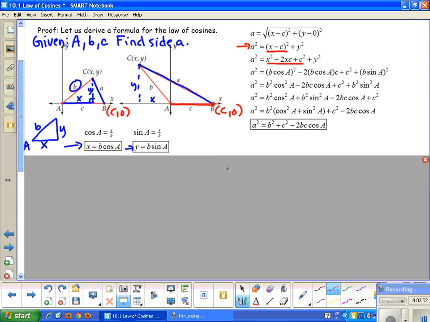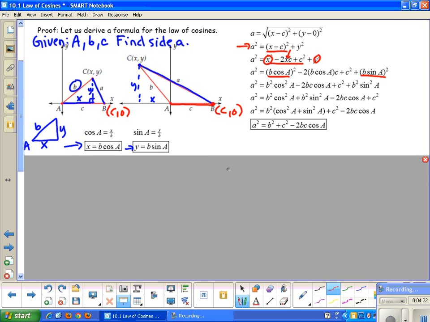After I FOILed it, I replaced this x right here with b cosine A, and I replaced this x with the same thing, b cosine A, and then I replaced this y with b times the sine of A. Then I just distributed using my properties of exponents. So a squared equals b squared times cosine squared A minus 2bc cosine A plus c squared plus b squared sine squared A. Then I did a little bit of rearranging.